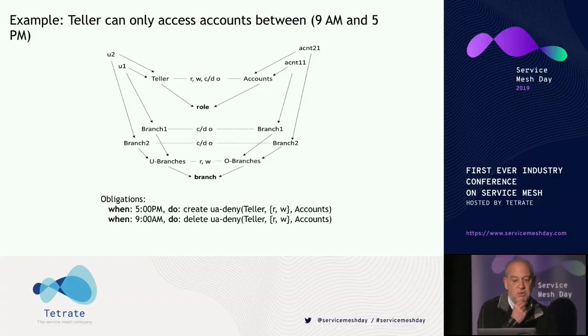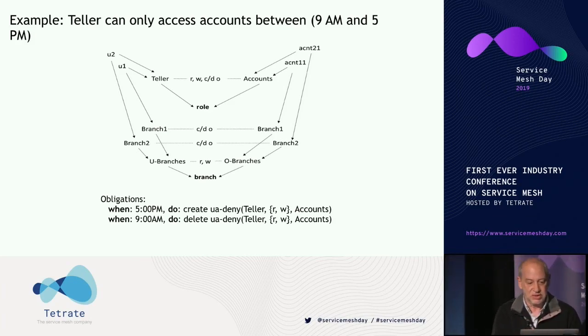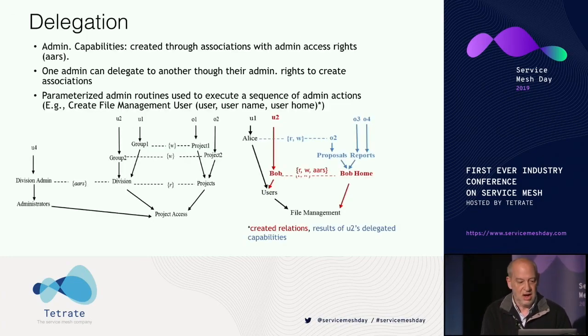The example is when it's 5 o'clock, we could create a deny where tellers are prohibited from reading accounts, and then at 9 in the morning we can reallow tellers to have access to accounts.